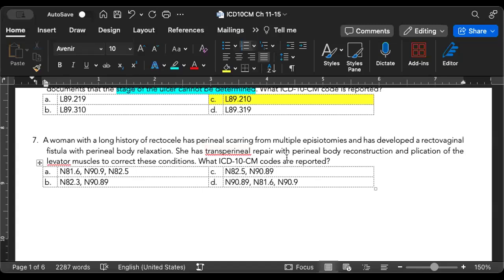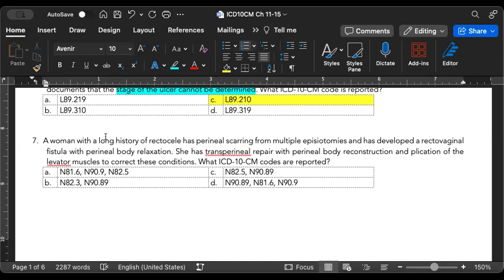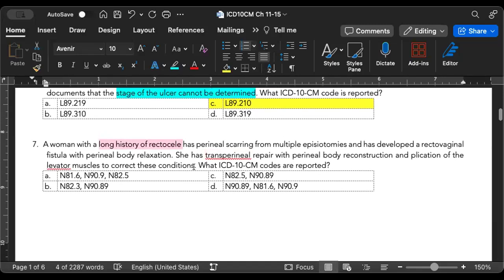actually, before I tell you what we're going to code first, question. Should we code the history of the rectocele, or should we code the rectocele itself? Any thoughts, yes or no? Okay.